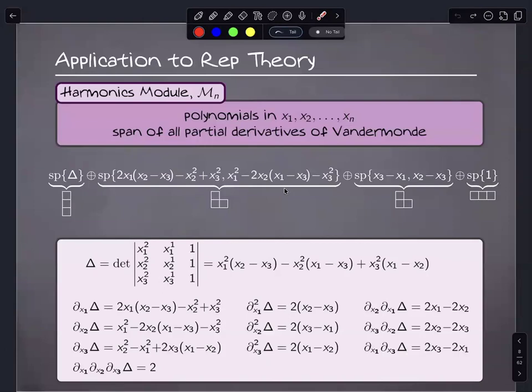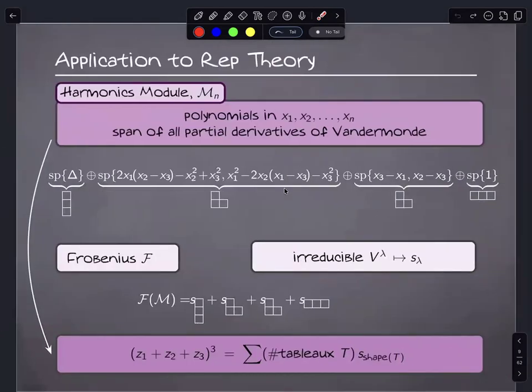Frobenius came up with a way to study these questions using symmetric functions. Irreducible representations of SN are indexed by partitions, so if you map a partition to a Schur function indexed by the same shape and take the sum, this positive sum of Schur functions is exactly equivalent to this decomposition, just by definition.